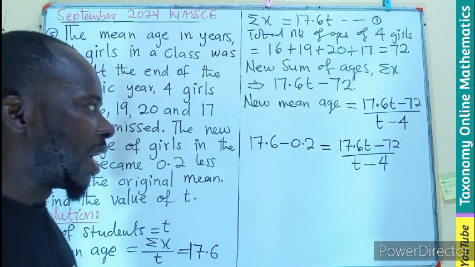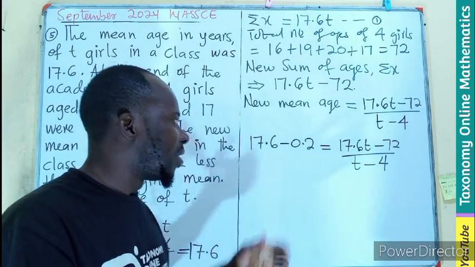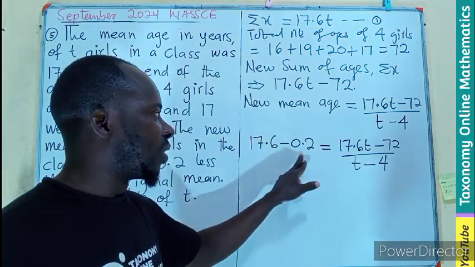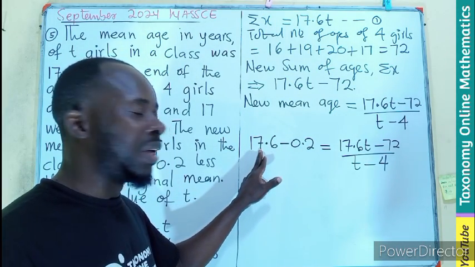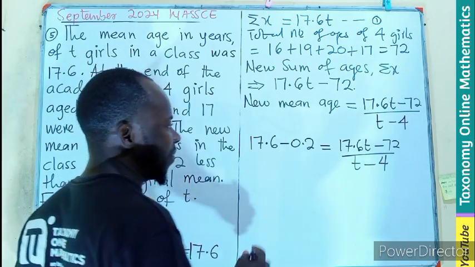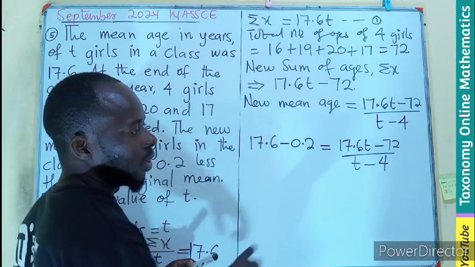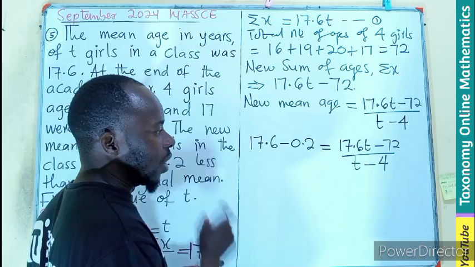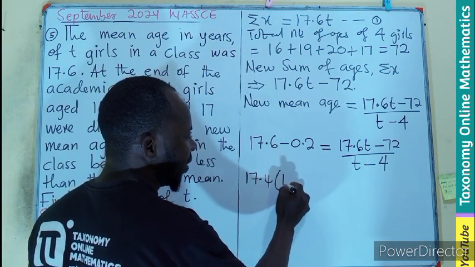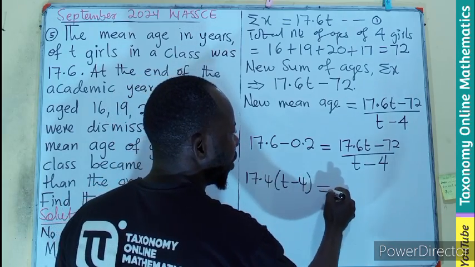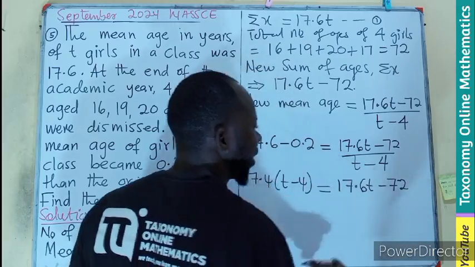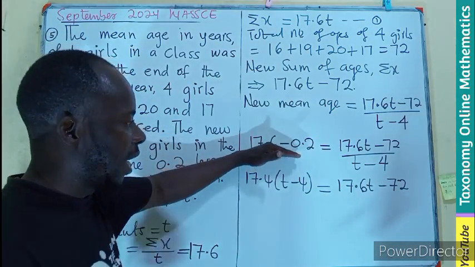So now we can do our cross multiplication, since this is going to be a fraction of its own divided by 1. We cross multiply. When you subtract this, 0 from 17 will be 17, 2 from 6 will be 4. So I'll be having 17.4 equals to this. And when I cross multiply, 17.4 will be multiplying T minus 4, and that will be equal to 17.6 T minus 72. Don't forget there was 1 here.